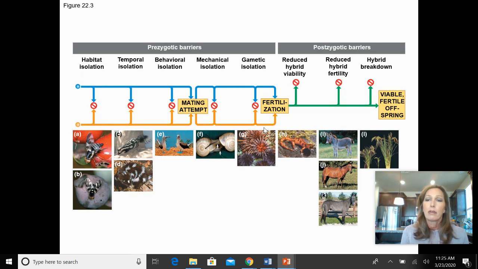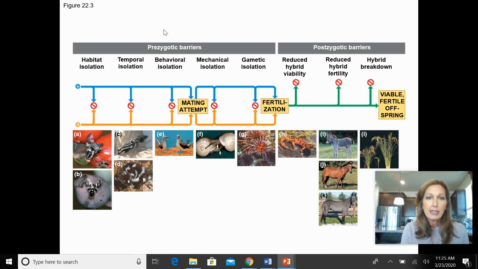So the basic way that we describe these isolations, because there's a wide variety of isolations, and these are all terms that you're going to need to know the difference between. One classification is called prezygotic barriers. The other is postzygotic barriers. What we have to remember here is what a zygote is. Your zygote is that first cell that is formed when two gametes fuse together.